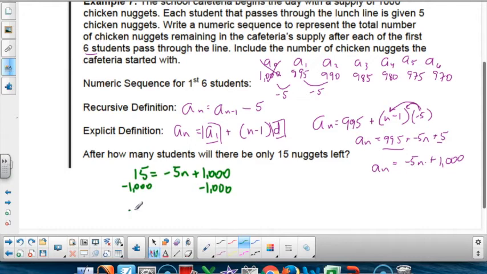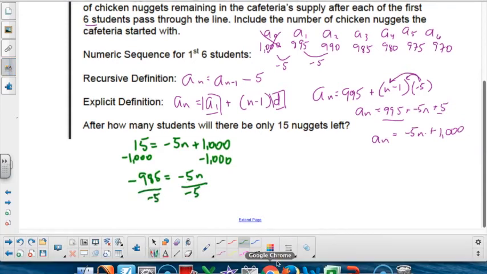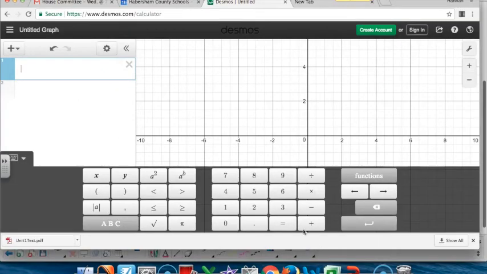I get negative 985 over here equals negative 5n. I know I'm going to have to divide now, but I don't know what that equals, so I'm going to have to switch over to a calculator real quick. Negative 985 divided by negative 5 equals 197.